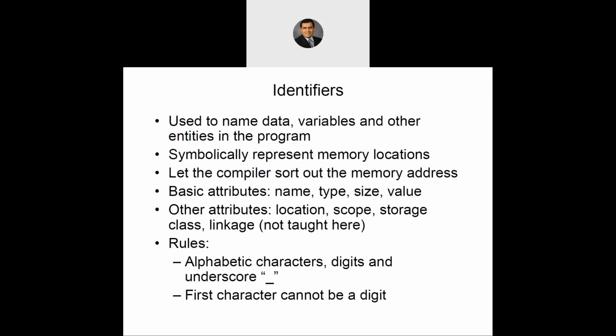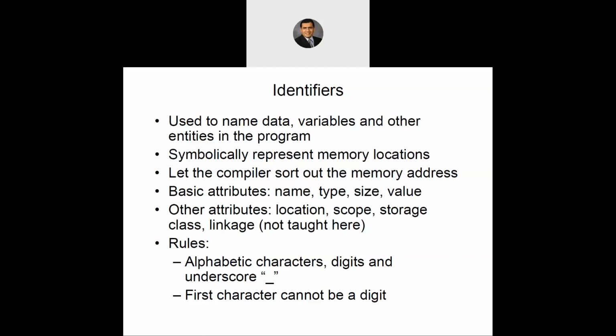Okay. Now, the first thing we studied was identifiers. If you want to write a program, the first thing you have to do is have identifiers in the form of a variable or a constant. The first thing you have to tell your program is, hey, I want to store data in my program.